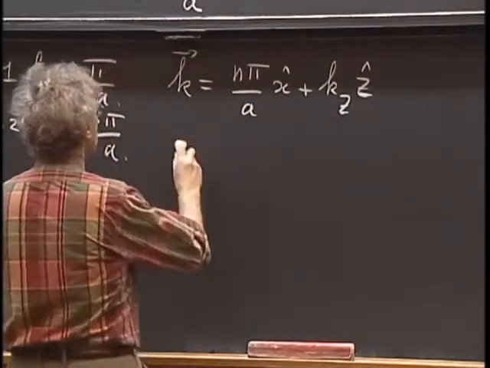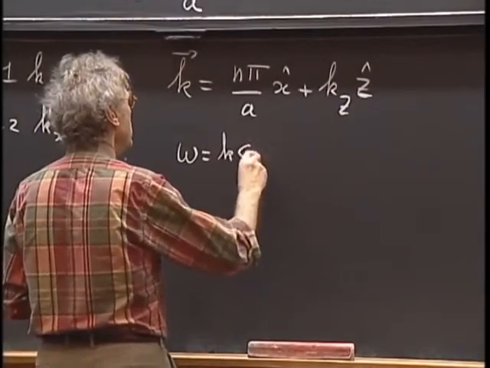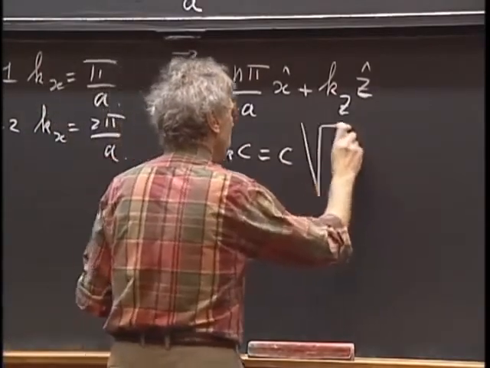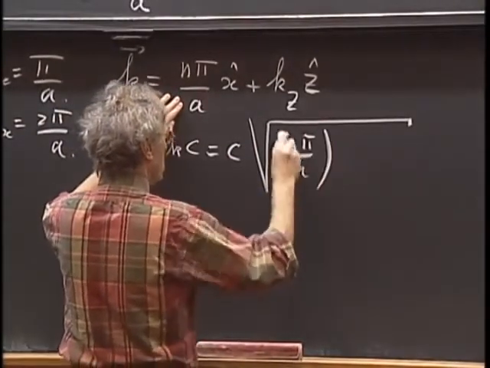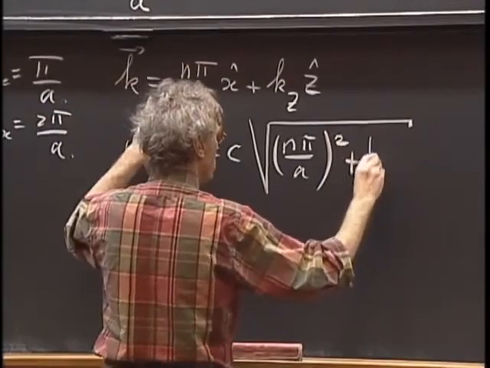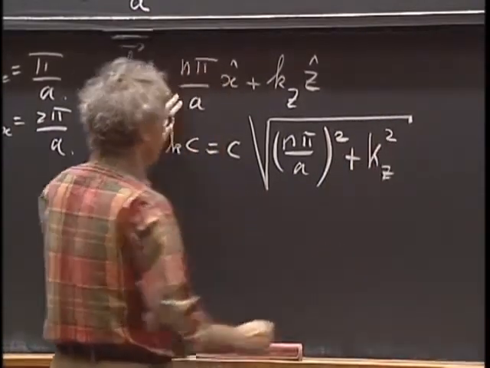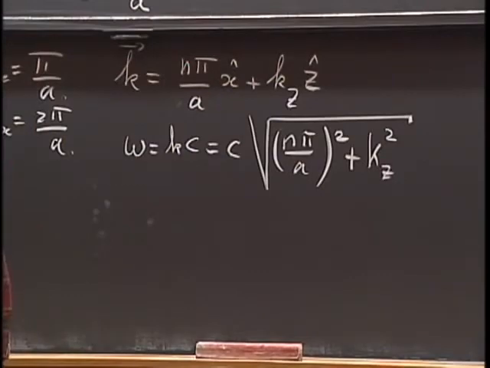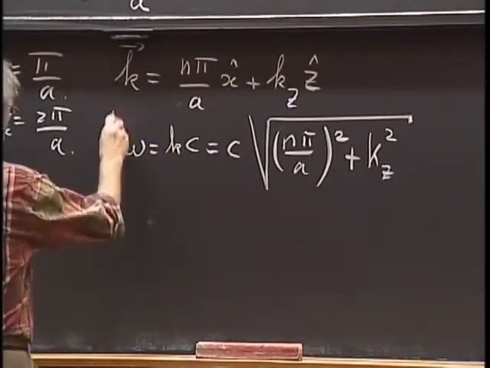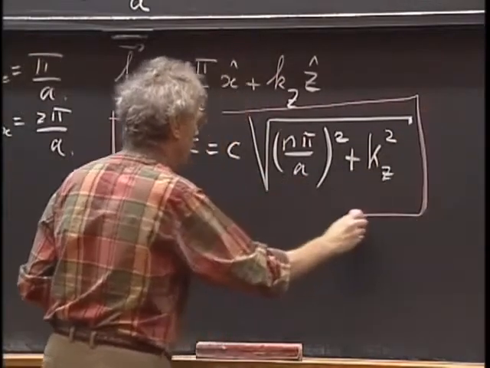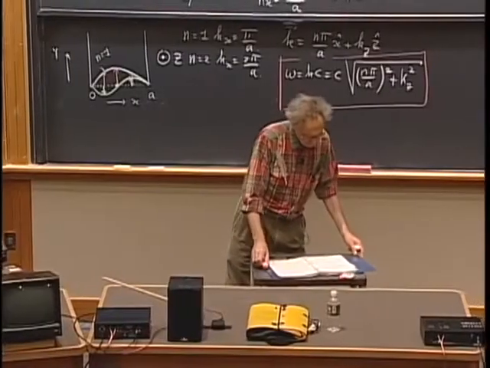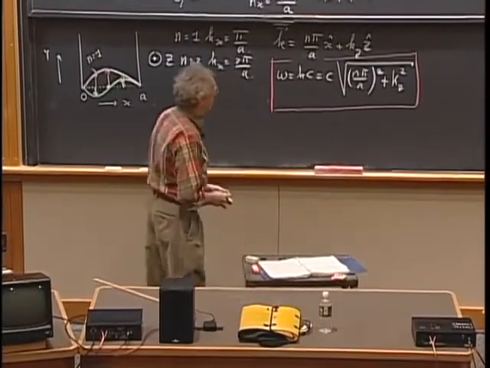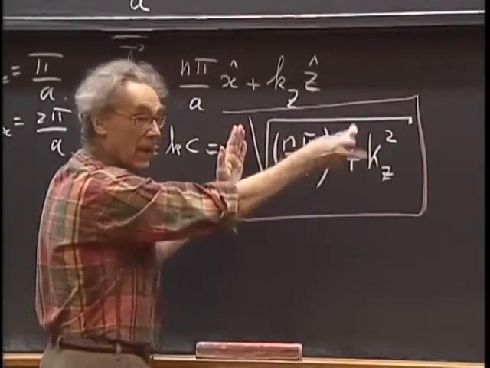And omega, which is kc, is therefore c times the square root of (n pi over a) squared plus kz squared. And this equation is one that I had on the blackboard earlier before we understood why it was that way, when I discussed with you dispersion. This is called the dispersion relation. This, by the way, under the square root is simply k.